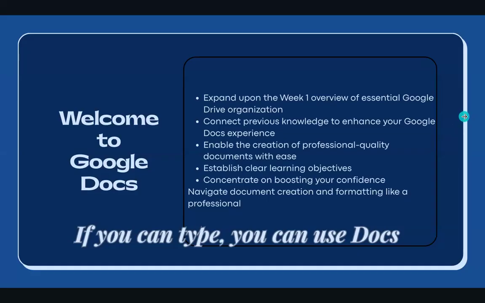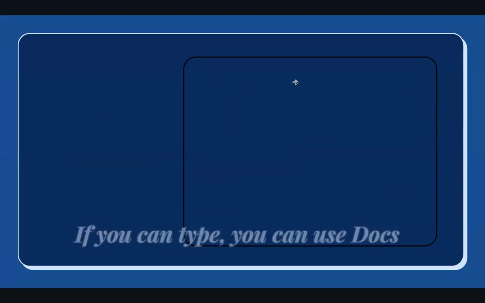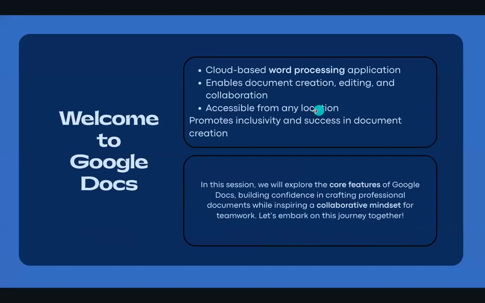That is one of the differences. That's also why Microsoft Office is a paid subscription-based product, and Google Docs is not. Anyone can use Google Docs, right? When you have your Gmail account, you have access to Google Docs automatically.